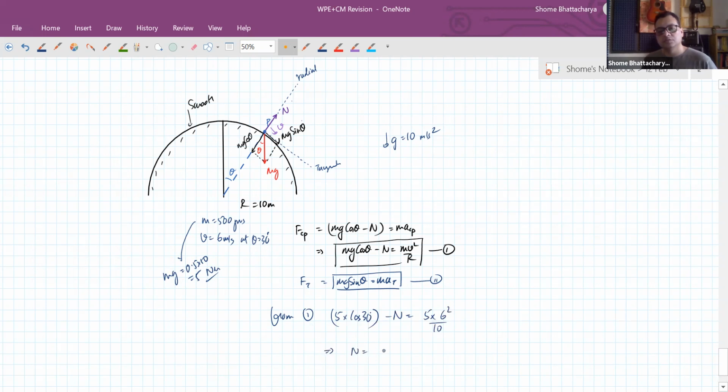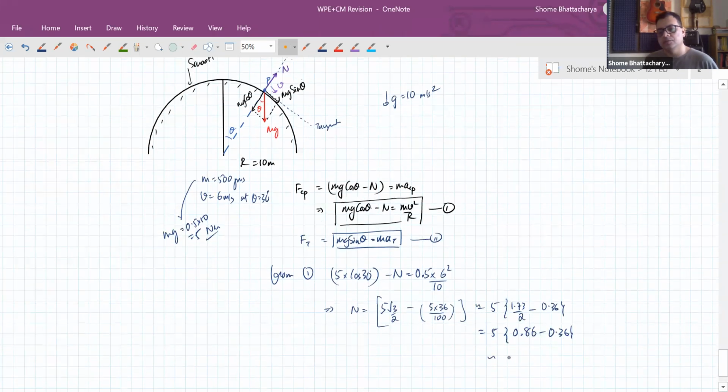So the normal reaction should be approximately, very nearly, 2.5 newtons. That becomes the normal reaction.